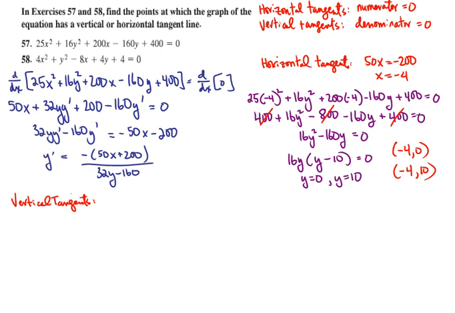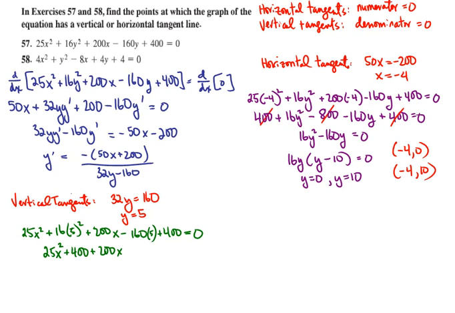Now we want to do the same thing with vertical tangents. We've said that the vertical tangents will occur when the denominator is equal to 0, or 32y equals 160, or y is equal to 5. Similarly, we're going to go back to the original function and plug in y is equal to 5 and solve for x. So we have 25x squared plus 16 times 5 squared plus 200x minus 160 times 5 plus 400 equals 0. 16 times 25 is 400. 160 times 5 is 800, and again 400 minus 800 plus 400 zeros out, and we're left with 25x squared plus 200x is 0.